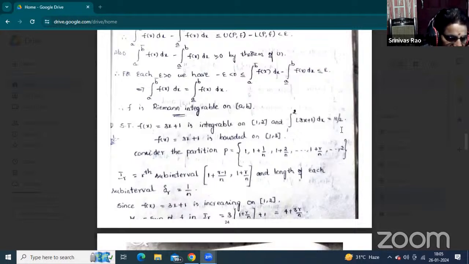We get the value 11 by 2. That is the simple integration, but it is not sufficient, because through the Riemann integral concept we must find the value of the integral equal to 11 by 2.